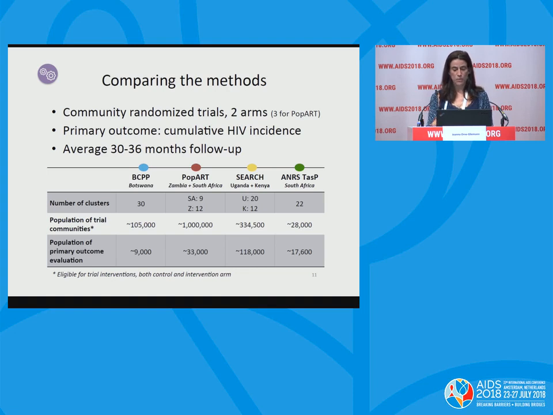In terms of sample size or population size, there were variations between the trials. The size of the population that was exposed to the trial communities, overall control and intervention arm, varied between 28,000 in TASP to more than 1 million in PopART, with similar large variations in the size of the population within which the primary outcome was evaluated.